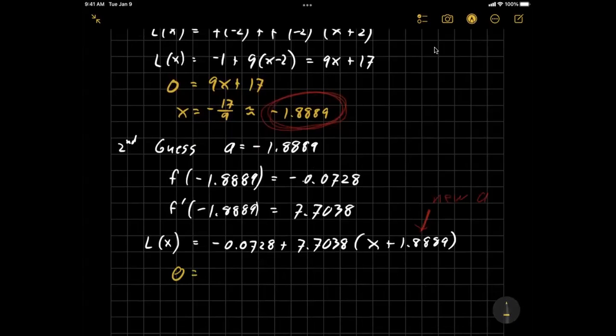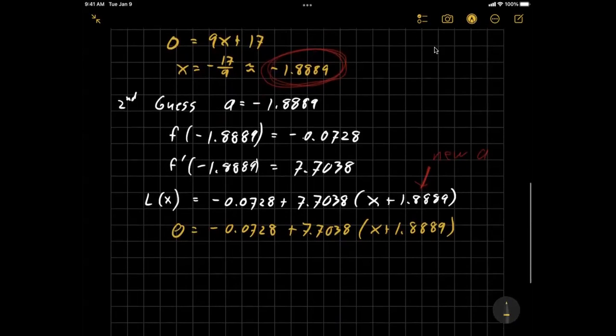So 0 equals -0.0728. I'm just going to copy quickly. And I have solved this in advance, all right, and found that x was -1.8795. Okay, so notice that changed slightly.